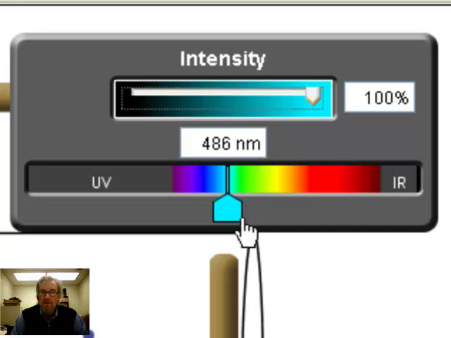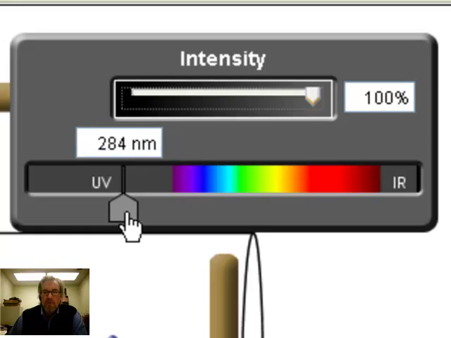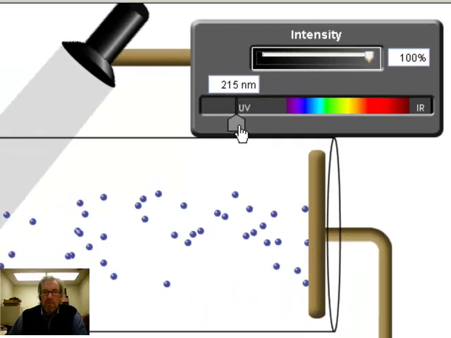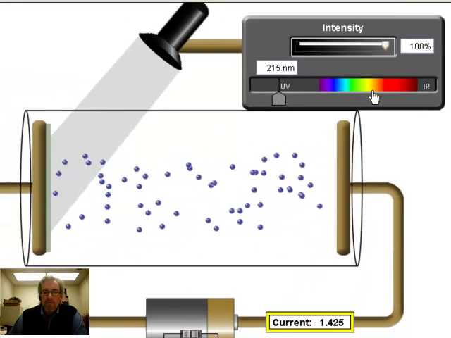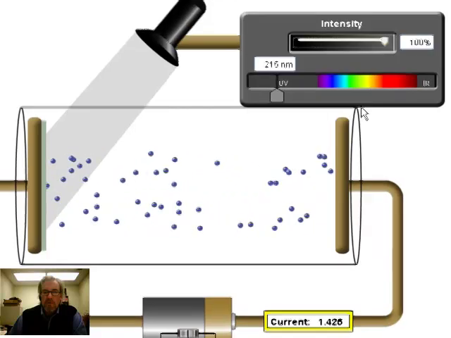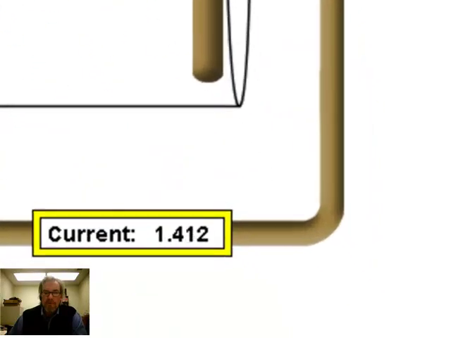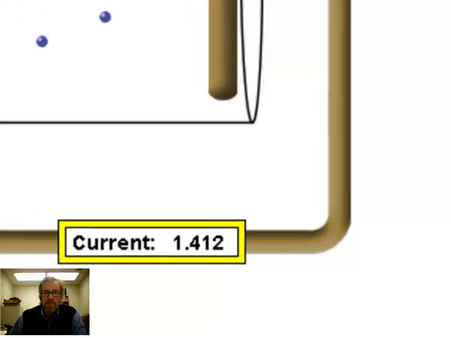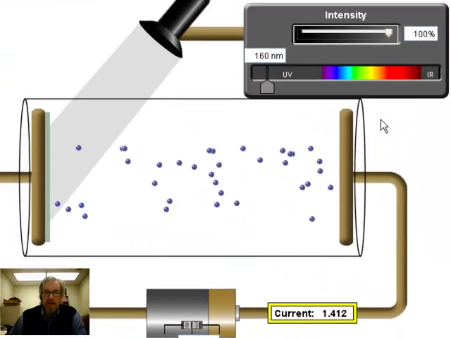Right now we're at this kind of bluish light. As I move this toward the ultraviolet end and the frequency gets higher, I'm keeping the intensity exactly the same, but you can see that the current jumps way up. Before it was at about 0.01 something, and now it's at 1.4. And you can see the electrons are moving way faster too.